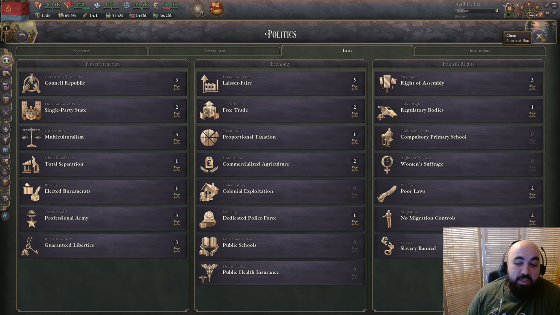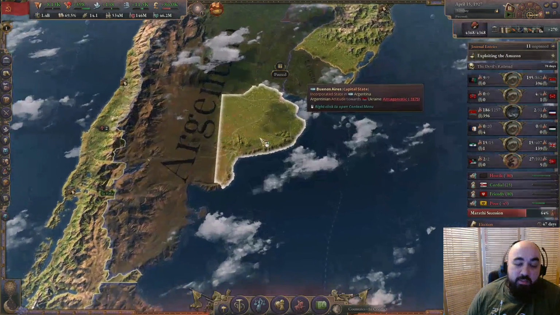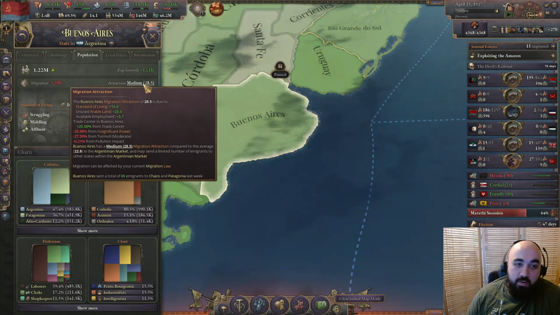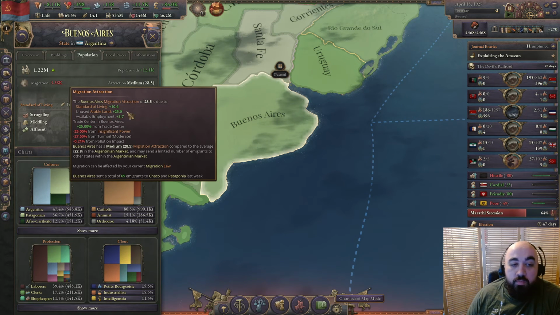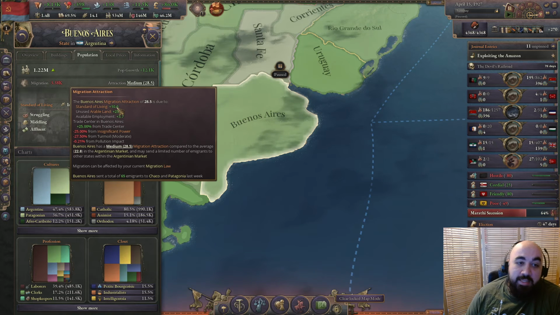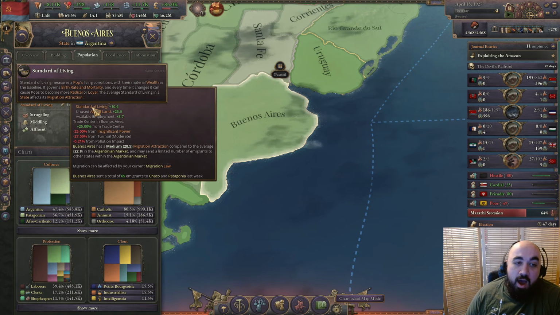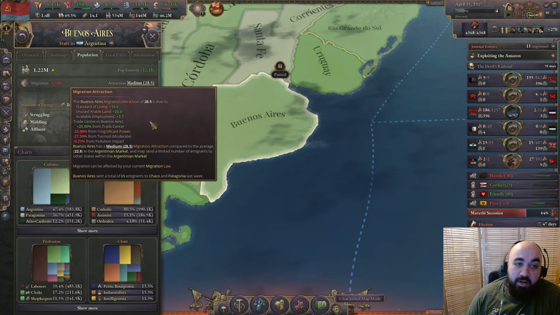The case in which I think this may be good is if you are specifically playing a New World country. When you are looking at migration attraction for these New World countries, you will see unused arable land is an absolutely huge modifier. It's really, really big, and this is a flat modifier. Standard of living is also a flat modifier. One of the downsides of slavery is it generally really depresses standard of living, which will significantly decrease your migration attraction.